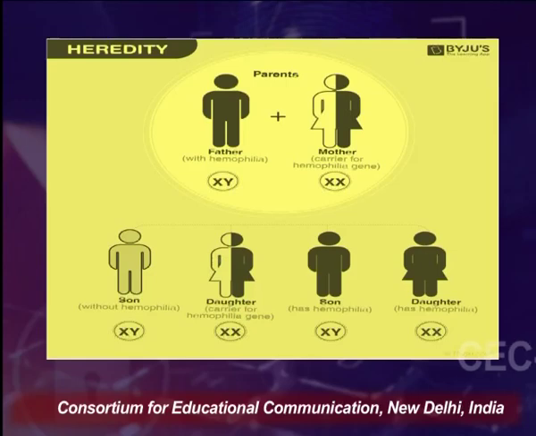All this depends on which traits are passed from the father to the children and from the mother to the children. Depending upon the nature of the traits, whether they are dominant or recessive, the children will appear the same as the genotype which they have taken from their parents. So this is heredity.